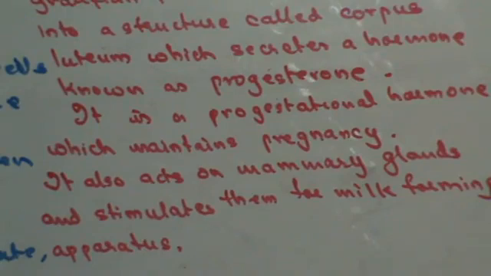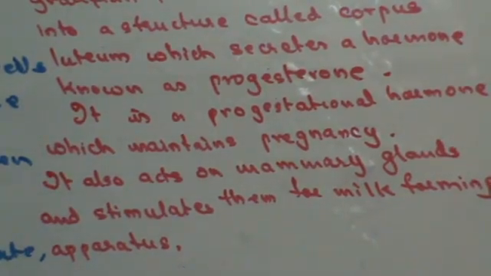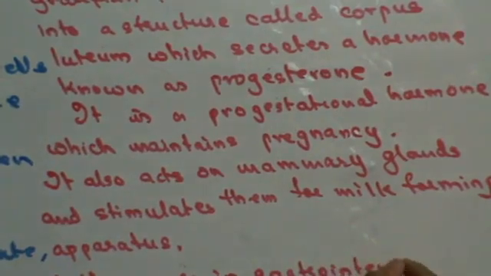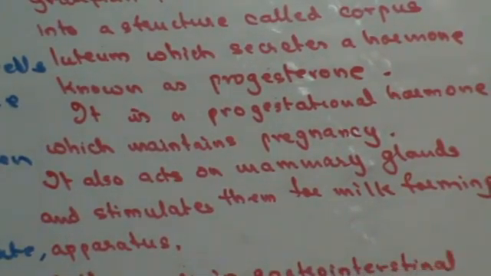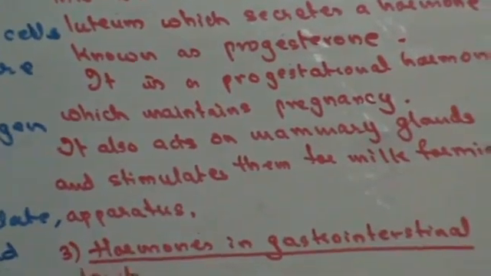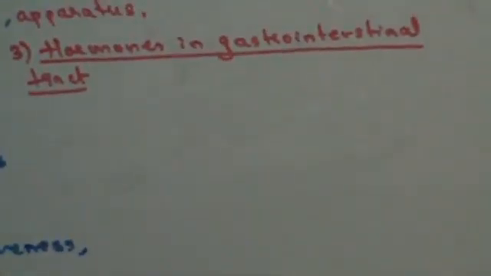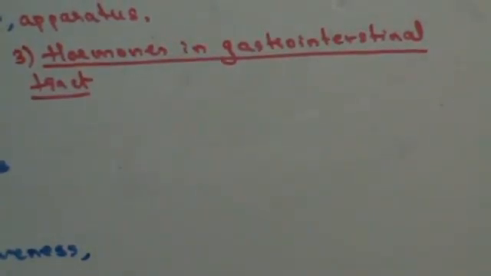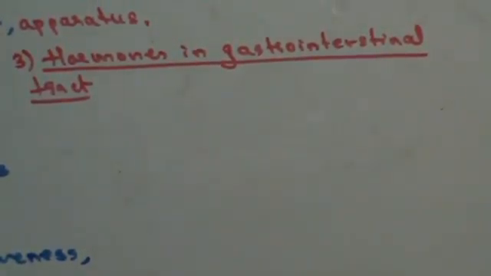Right? So those were the gonads. Next, let's see the hormones which are there in the gastrointestinal tract. Now, you have a lot of scattered endocrine cells present in different parts of the alimentary canal.